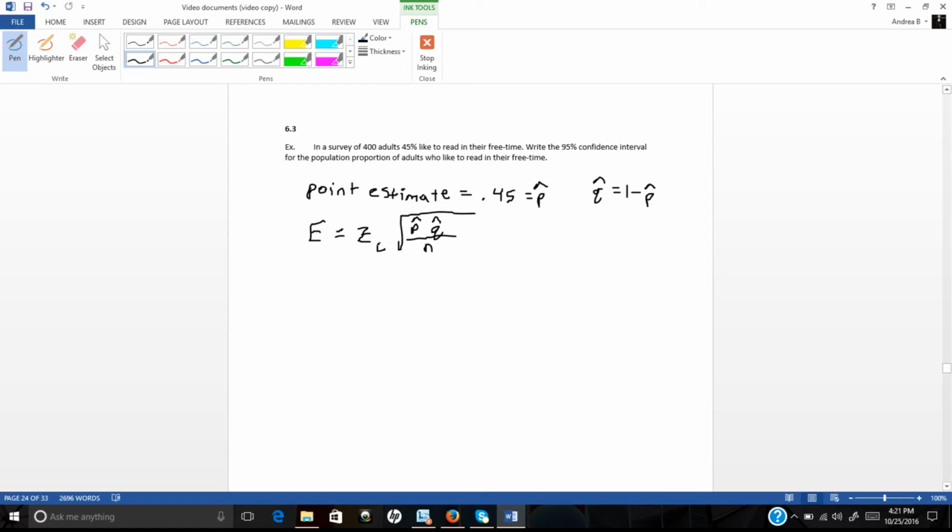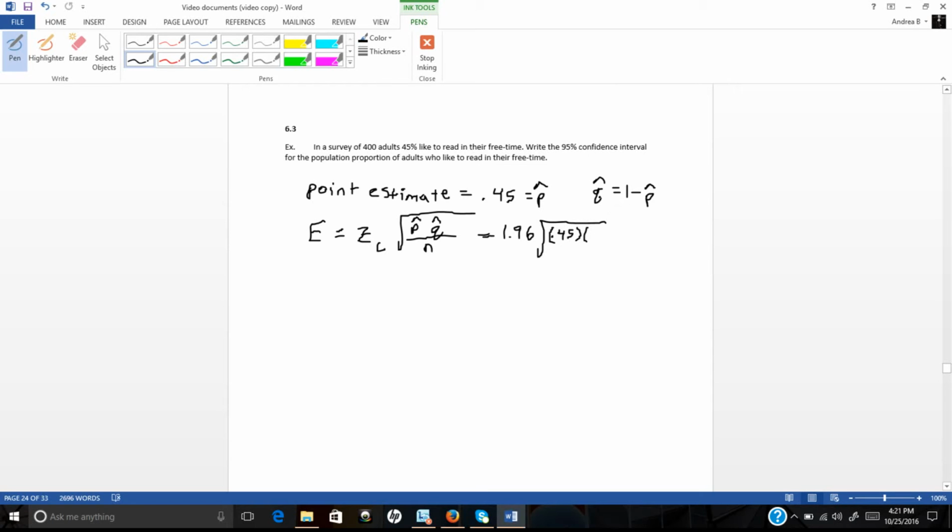In this case, if you look at your critical values from your normal distribution table, for a 95% confidence interval we have 1.96 as the critical value, the z sub c. We're going to multiply that by the square root of 0.45, that's the p hat, times q hat.